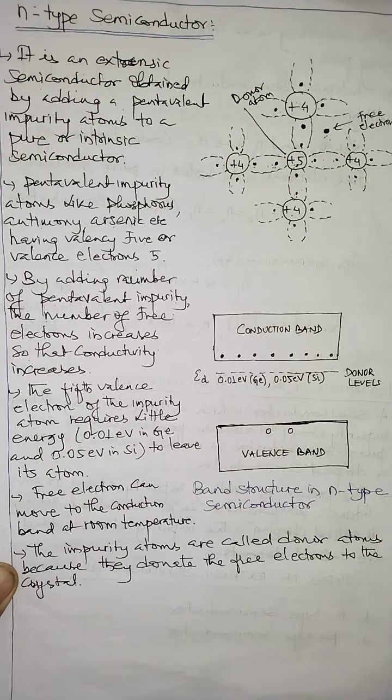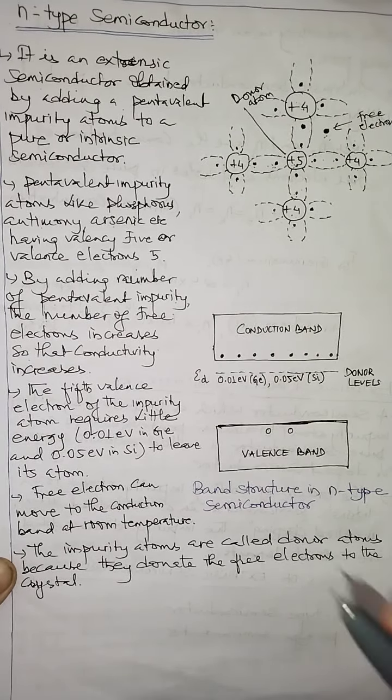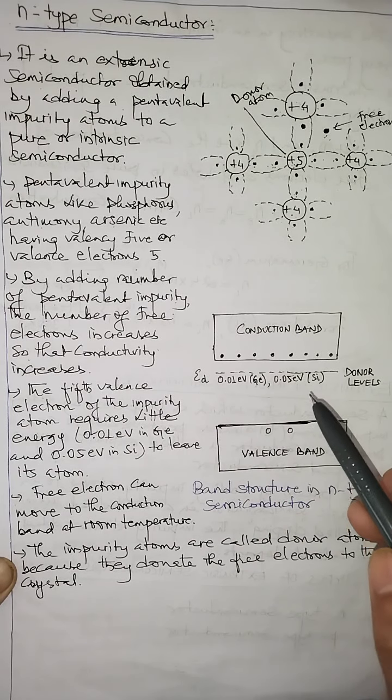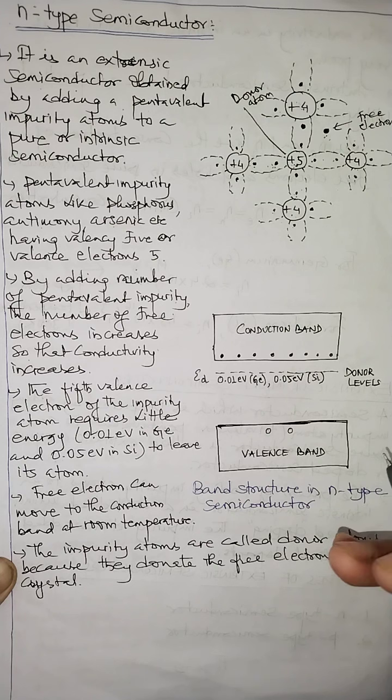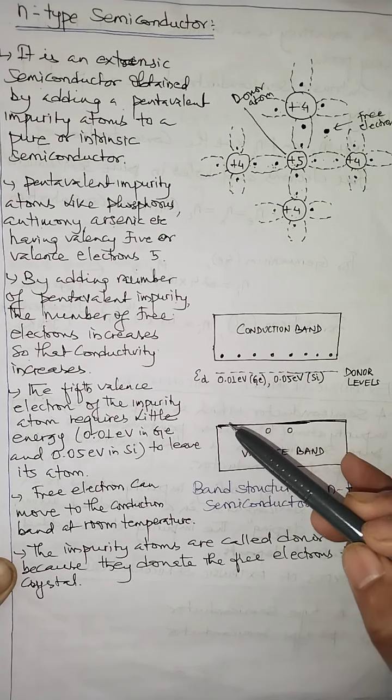The conduction band. That's why at room temperature, the fifth electrons present in the donor level are thermally excited from the donor level into the conduction band, and they move as a charge carrier.